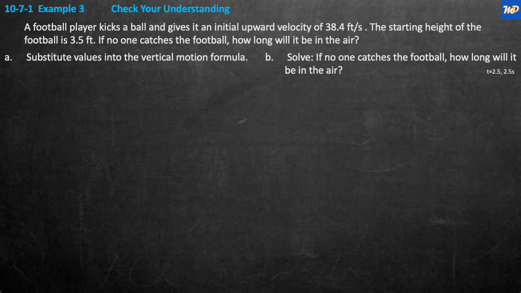Okay, the vertical motion formula, you all recall, is h, the height, is equal to minus 16 t squared plus vt, and vt is 38.4 t, and it's plus the starting height, which is 3.5.